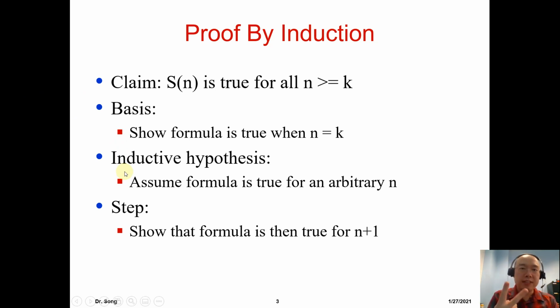We don't have to prove that it's true, but we assume that for the value n, S_n is true. This is a hypothesis. We don't have to prove anything, but we put this hypothesis here. Based on this hypothesis, step 3 is to start from S_n being true and prove that S_(n+1) is true. So those are the 3 general steps for induction.